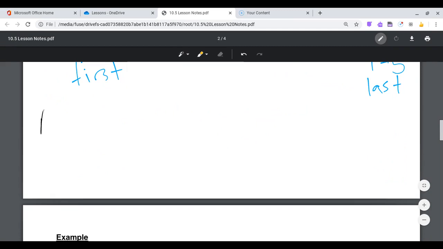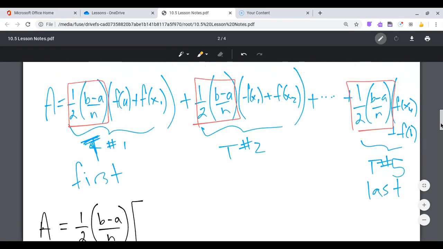So the area under the curve is going to be 1/2 b minus a on n multiplied by, what is that piece that's left over? Well, that's all of the base pieces that needed to be added. So when I compare, the first trapezoid has f of a plus f of x1. The second trapezoid has f of x1 plus f of x2.